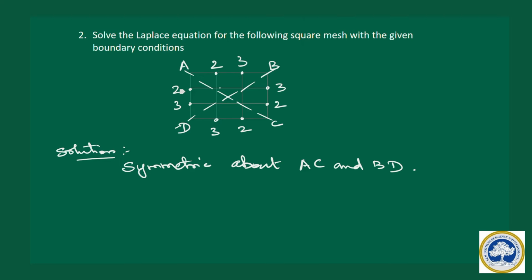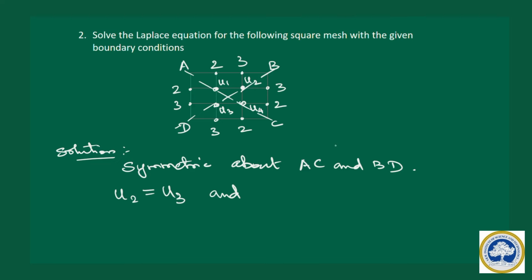What about the solution here? We have to calculate U1, U2, U3 and U4. So our aim is to find U1, U2, U3 and U4. But because of this symmetric property, about the line AC, U2 and U3 coincide with each other, so we can say U2 is equal to U3.